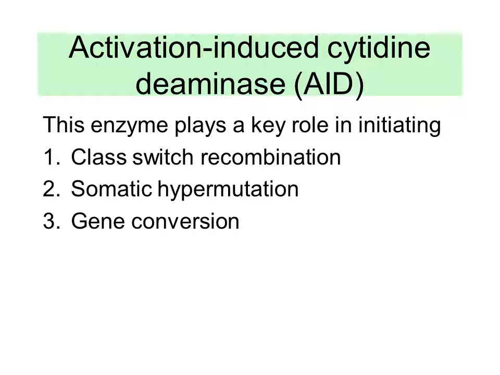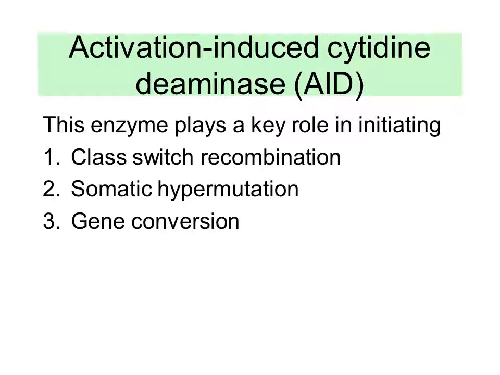Now, as the name implies, AID removes cytidine groups from the DNA in an activated B cell to form uridine. So this will generate a UG base pair in DNA. The mismatched base pairs are then removed by one of several different enzymes, and this will result in changes in DNA, especially in the V region of immunoglobulin.